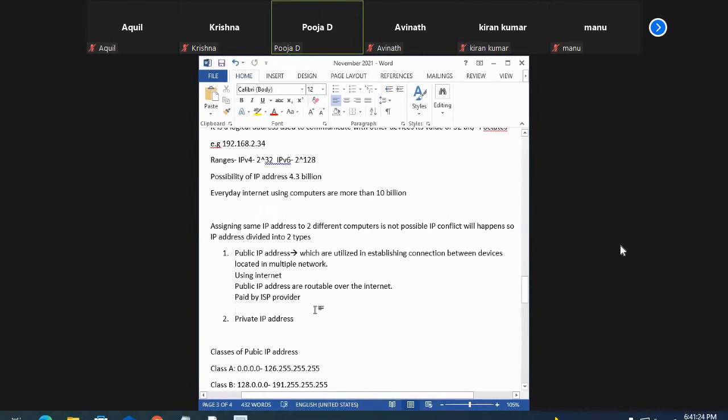Also, if you are using your mobile network, you are recharging for it, right? Only if you do a data recharge are you getting internet access, right? That is your ISP provider, Airtel, Vodafone, Idea, whatever it may be. You are paying them, right?